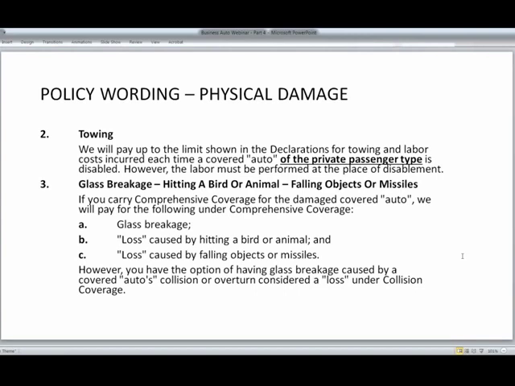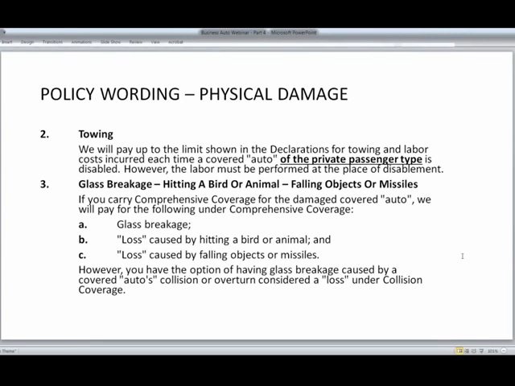This next possible coverage is glass breakage, hitting a bird or animal, or falling objects or missiles. It says if you carry comprehensive or collision in the coverage form, we'll pay for loss falling under comprehensive: glass breakage, loss caused by hitting a bird or animal, and loss caused by falling objects or missiles.